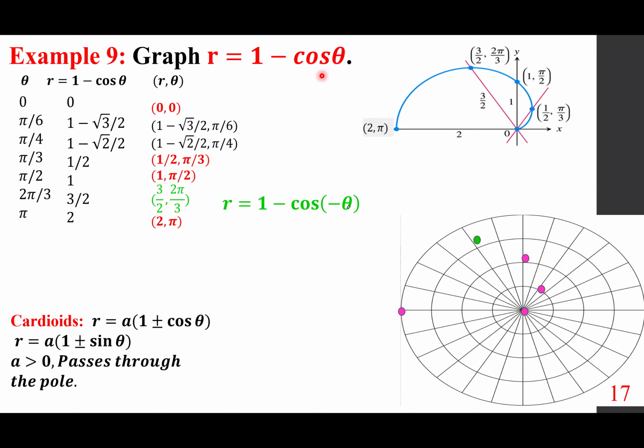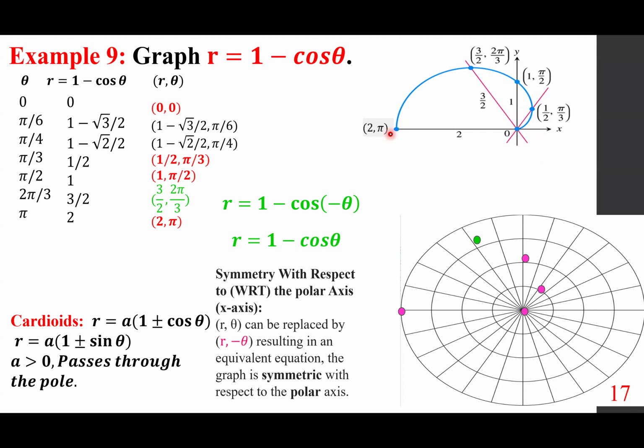If I change the theta to negative theta, because cosine is an even function, nothing changes, which makes this symmetric with respect to the polar axis. That means all I have to do is graph this like so, right? The bottom half is the same as the top half. Symmetry with respect to the polar axis: r comma theta can be replaced by r comma negative theta, resulting in an equivalent equation. The graph is symmetric with respect to the polar axis.